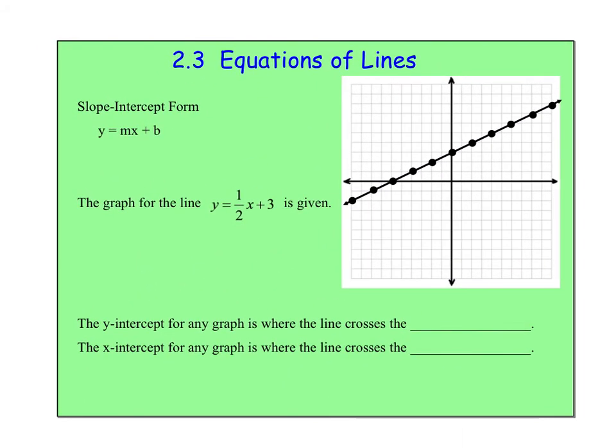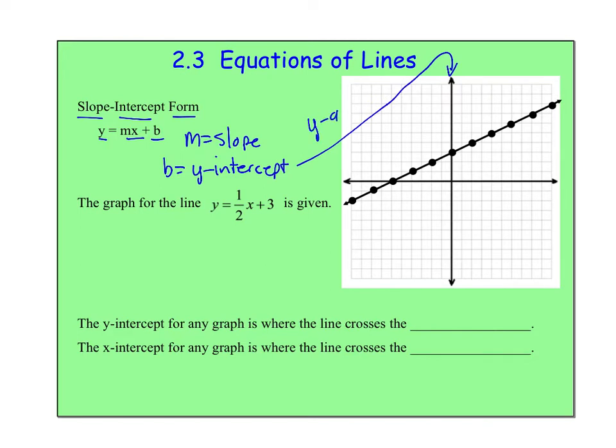Probably the most familiar equation of a line is slope-intercept form: y equals mx plus b, where m is your slope and b is your y-intercept. And remember, the y-intercept is where it crosses the y-axis.